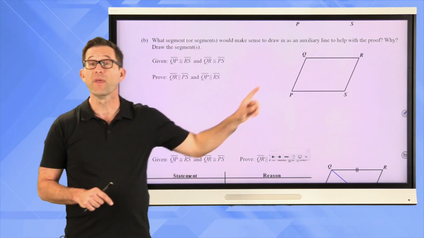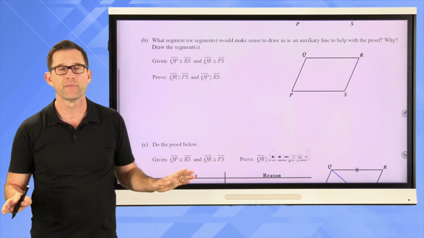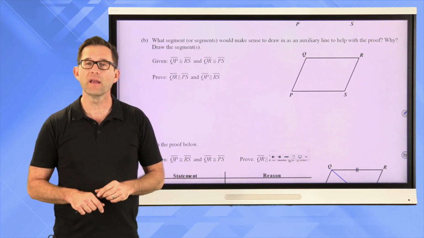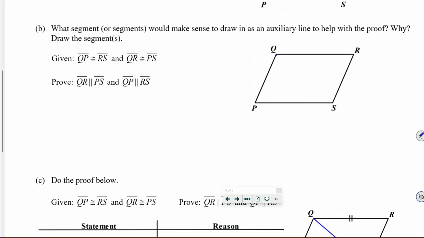But basically, if I draw in either one of the diagonals, either one of them. Now, sometimes we may even want to draw in both of the diagonals. But here, it really just makes sense to draw in one or the other, right? So I'm going to draw in either diagonal.